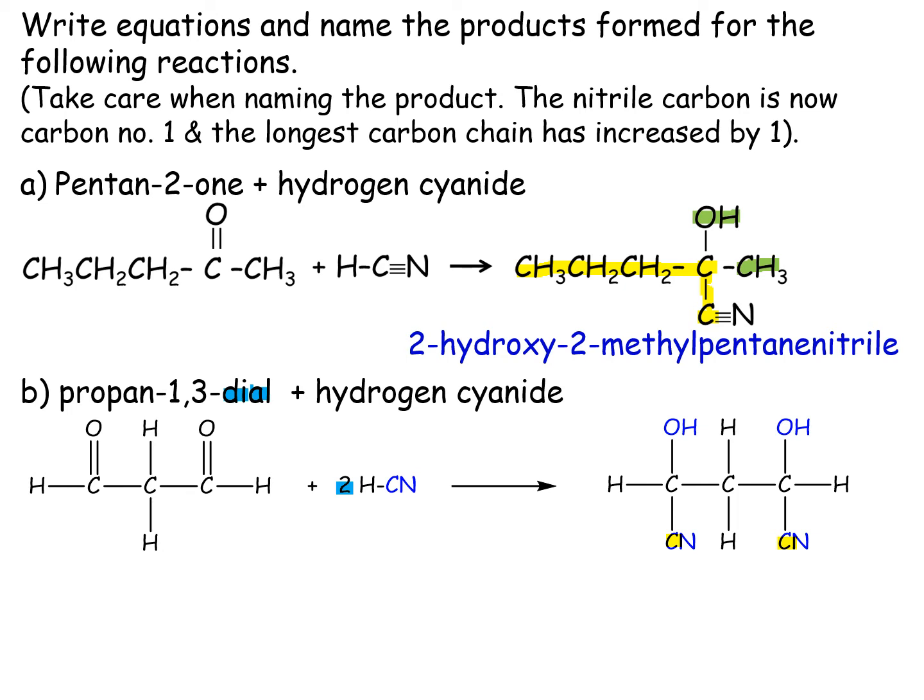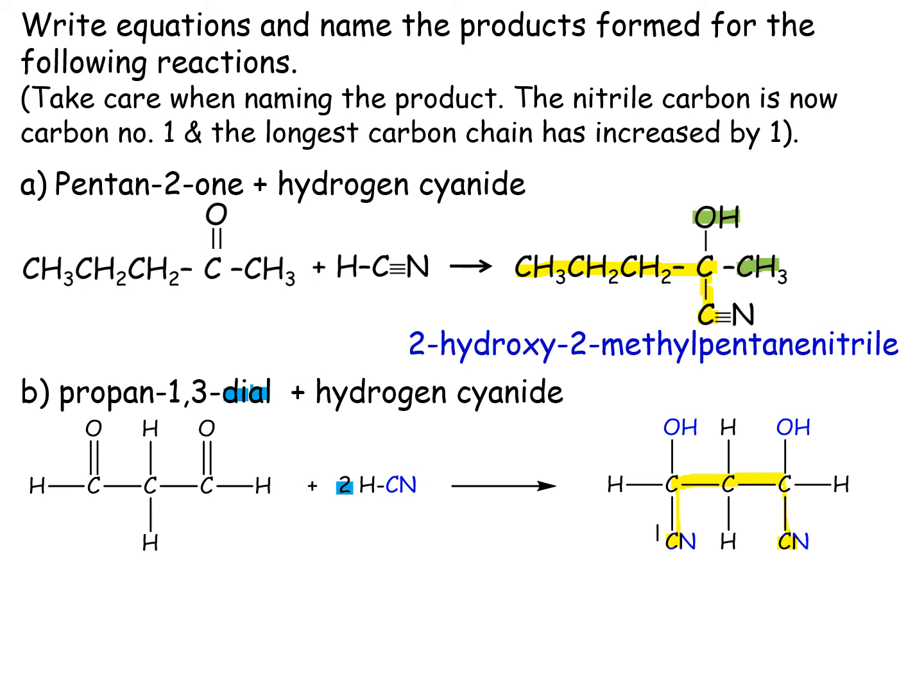We could start on the left or the right. So I'll start on the left, and if that's carbon number 1, I'll just write that here, carbon 1. Okay, we're looking for the longest chain length, so we'll go up here and then continue across and then down the other side. So we've actually got now 5 carbons.